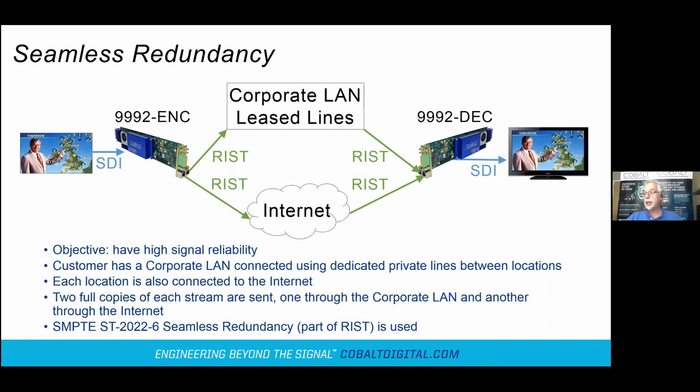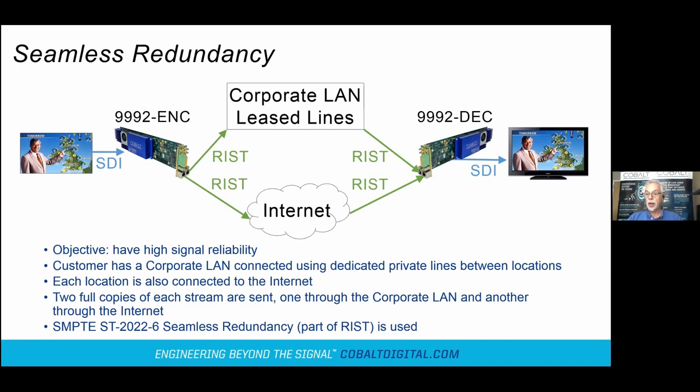They also had internet on every site just by default. So they asked us for a means to transmit, but using both of them. In their minds, the corporate leased line is the primary and the internet is the backup. But they don't care that it's transmitting all the time.